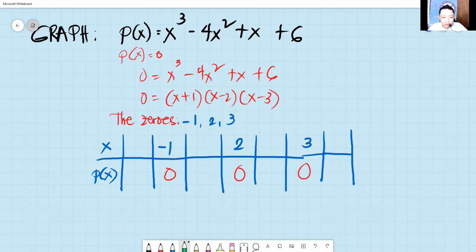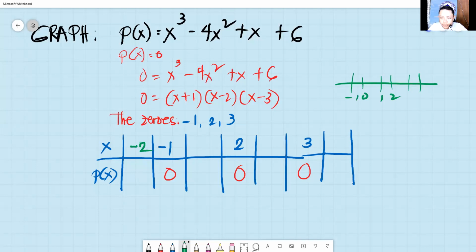Now, what will we do next? The next thing to do is to complete the table just by following our number line. So we will have here, just one step before, negative 2. Put negative 2 here. What number is in between negative 1 and 2? In a number line, negative 1, 0, 1, 2. What do you want to use? 0 or 1?